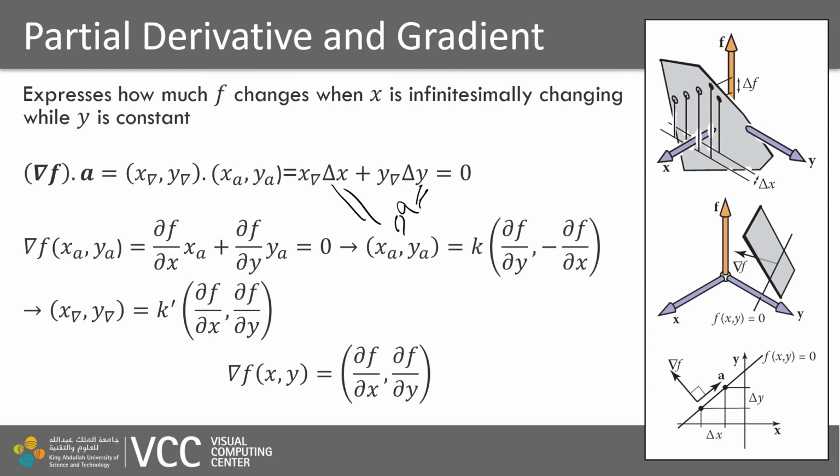And if we look at the partial derivatives along the line, we will realize that the partial derivatives along this line are also 0, because along this line the function doesn't change. It equals 0.